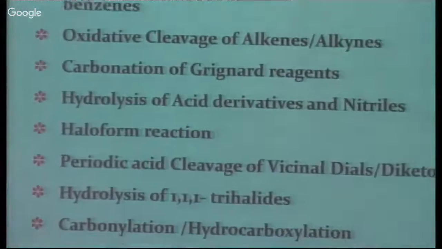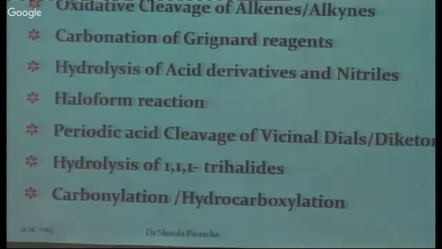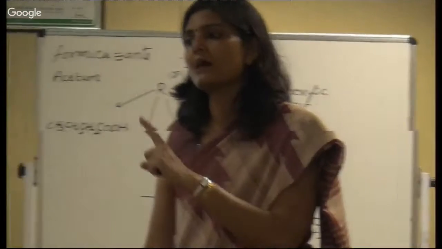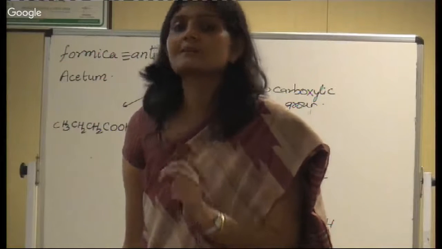And the last of the reactions would be the carbonylation reaction, where we will learn how an alkyl halide can be converted again into carboxylic acid having one carbon more through the formation of alkoxides.